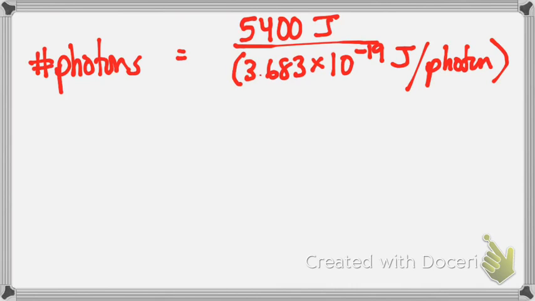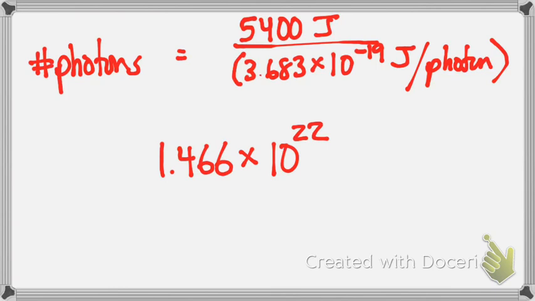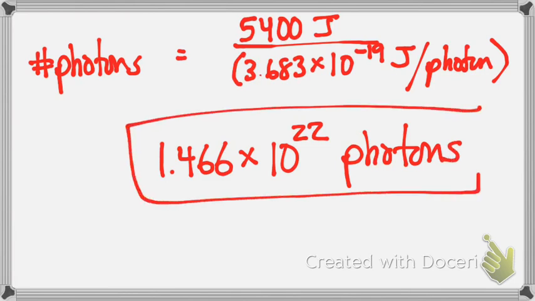And now all I need to do is simplify. And when I do this, I obtain an answer of 1.466 times 10 to the 22nd photons. And this is the solution to test question number 2.